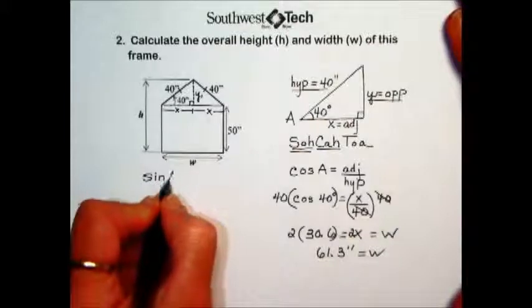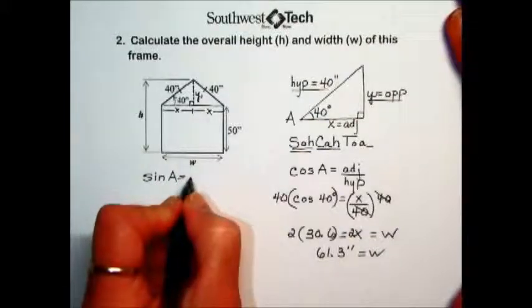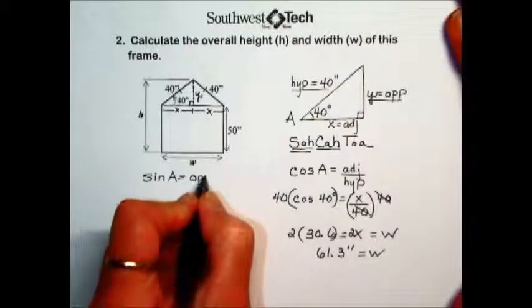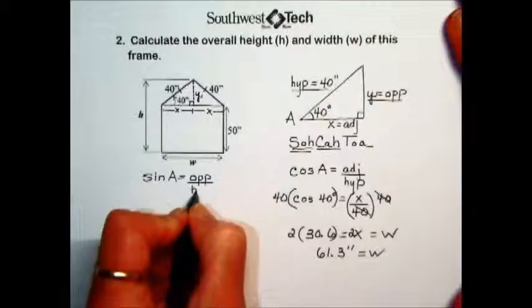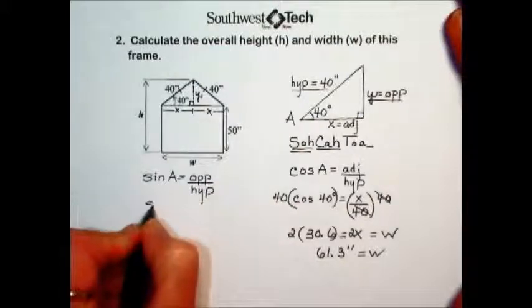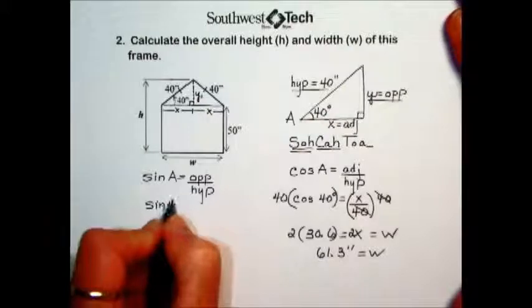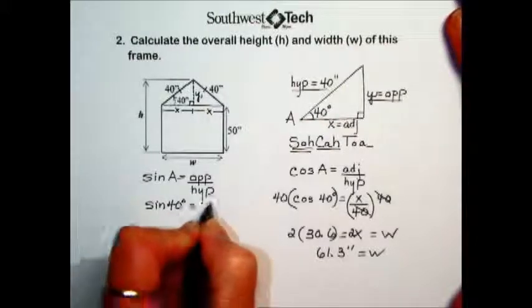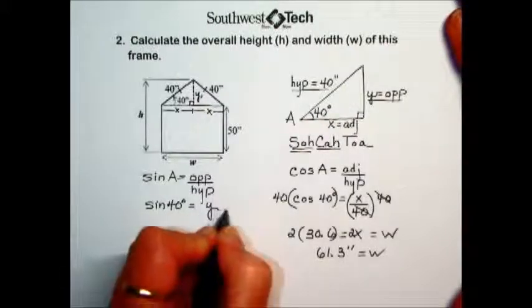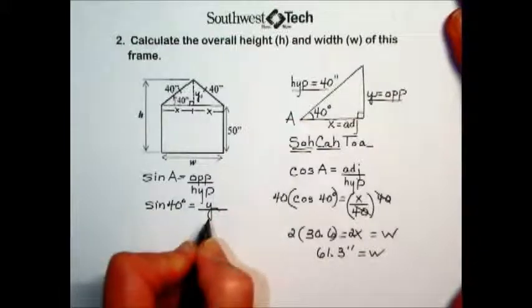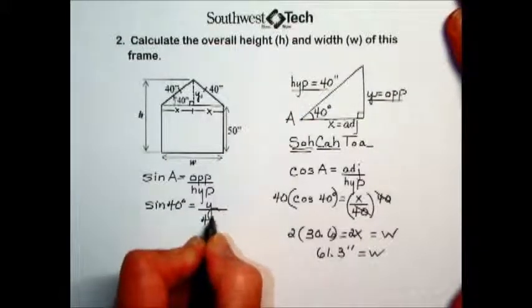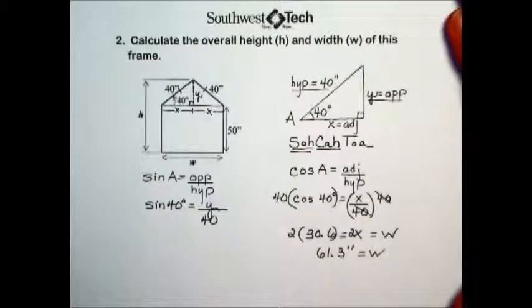The sine of an angle is equal to the ratio of the opposite side length over the hypotenuse. We know the angle measurement, so we'll put the 40 degrees in place of A. The opposite is designated as Y, our unknown, over the hypotenuse length, which is 40 inches.